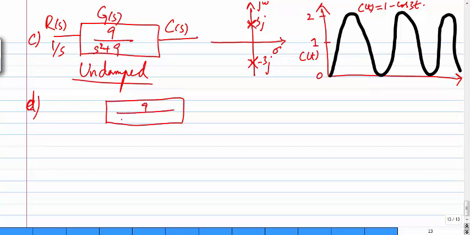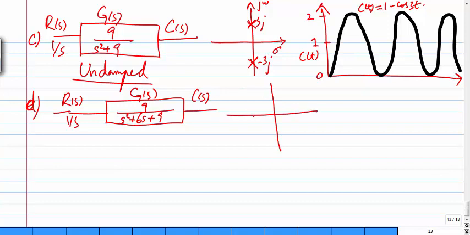9 divided by s square plus 6s plus 9, that is G of s, again R of s, and the given input is the step input and C of s is the output. This is the response when we have roots that both lie on the same point, that is -3.